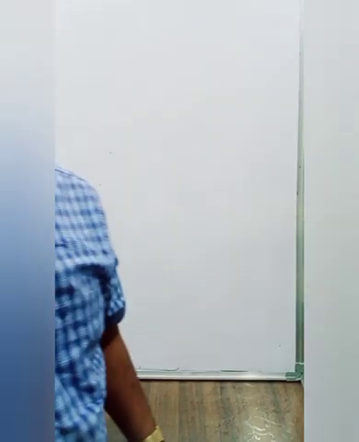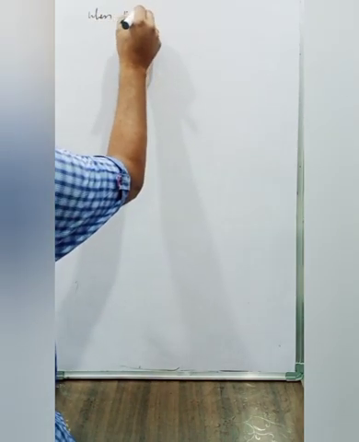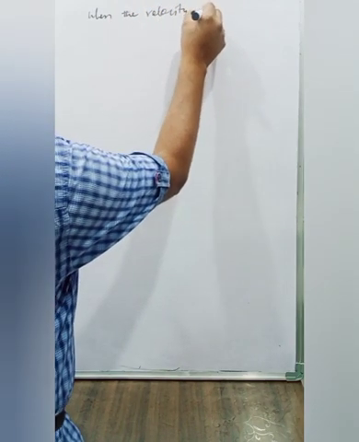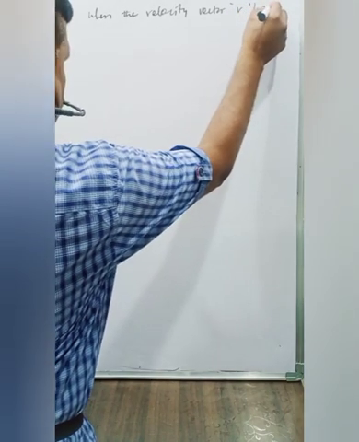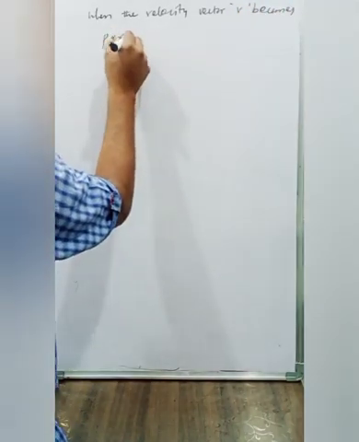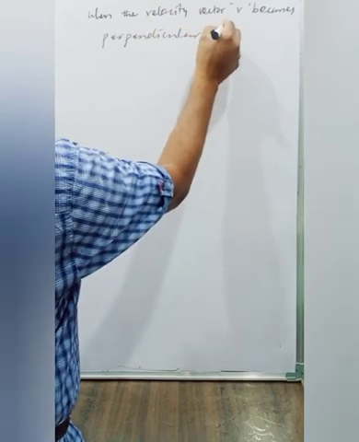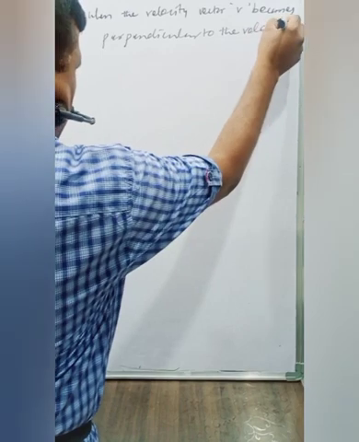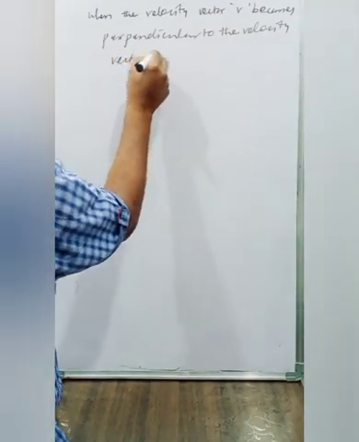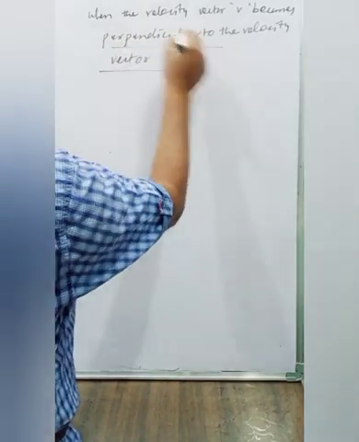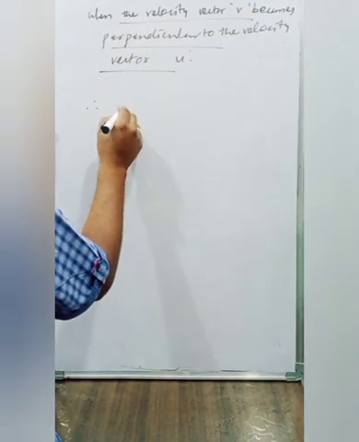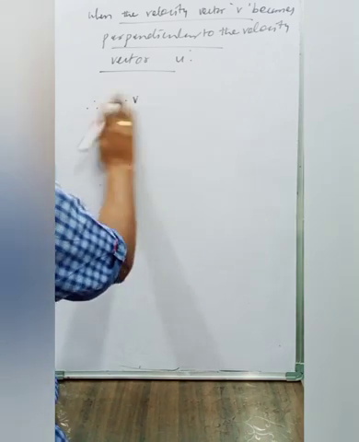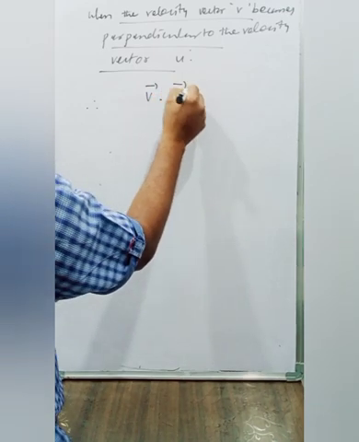Important concept for JEE NEET: velocity. When the velocity vector v becomes perpendicular to the initial velocity vector u, we know that v dot u is equal to 0.